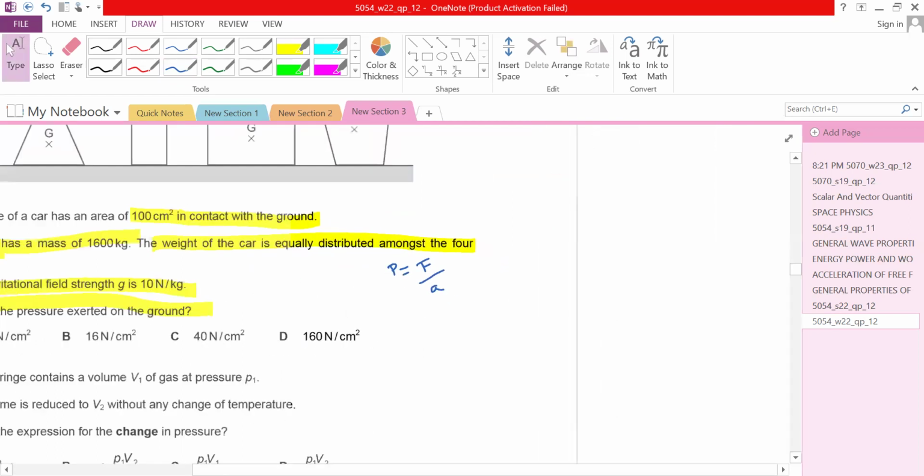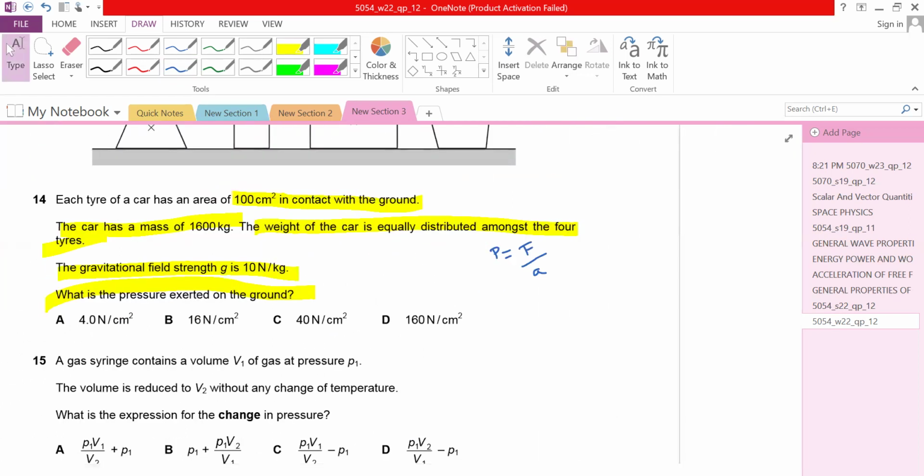Okay, so let's look into the question. The force is given. Where is the force? 1600 kg. You know that F equals W, force equals weight, as weight is a force. So the weight equals mass into gravitational field. The mass is given, 1600 kg into 10. And the tires are 4.